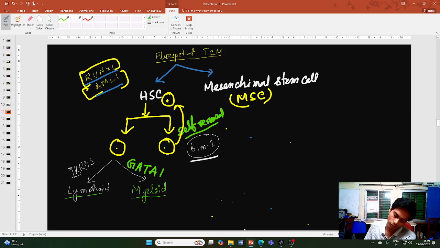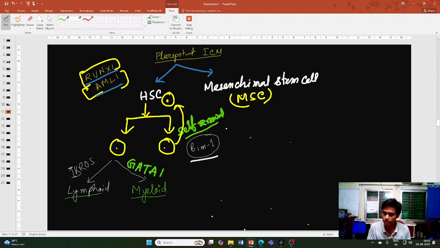In brief, now the transcription factors. First, I have discussed RUNX1 and AML1, which are involved in the pluripotent inner cell mass differentiating to the hematopoietic stem cell and mesenchymal stem cell. After the hematopoietic stem cell to the lymphoid stem cell and myeloid stem cell, a lot of transcription factors are involved.